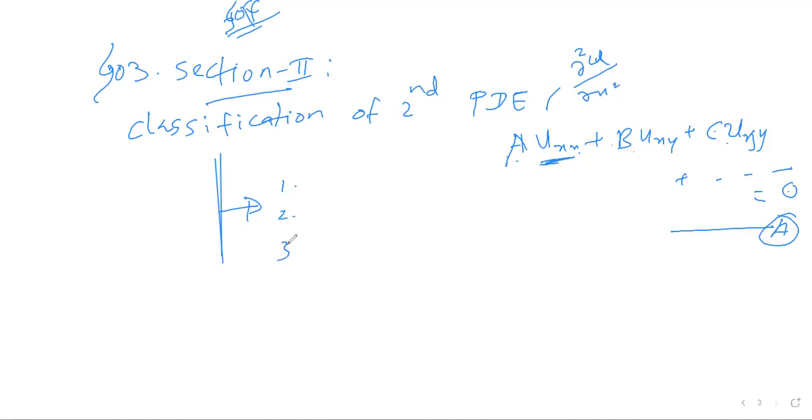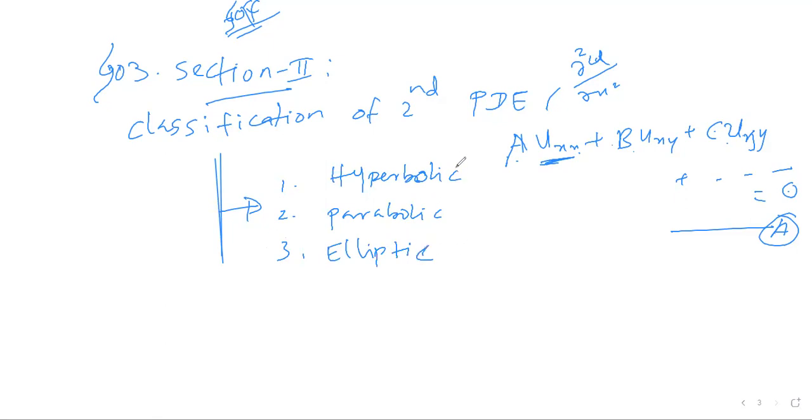There are three types into which we can fundamentally divide our second order PDEs: hyperbolic, which we use for the wave equations; parabolic, which we told as the heat equation; and elliptic, the case for the Laplace equations.